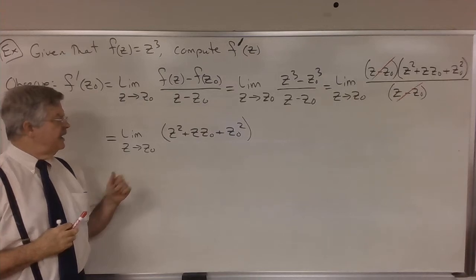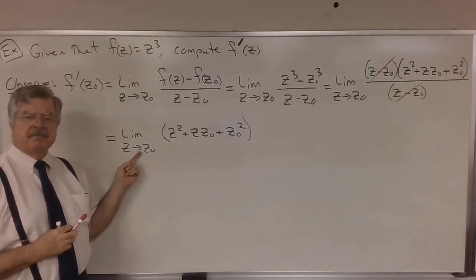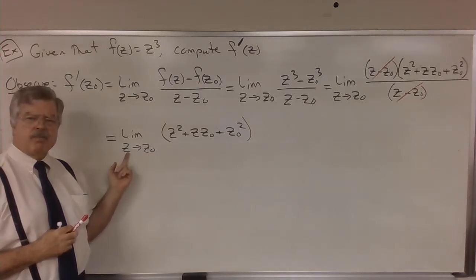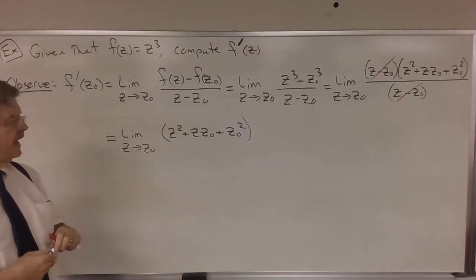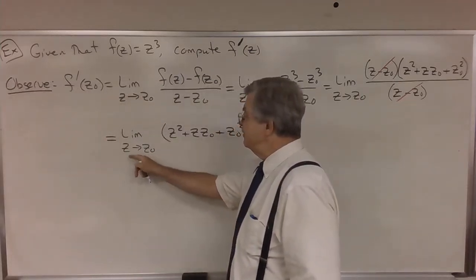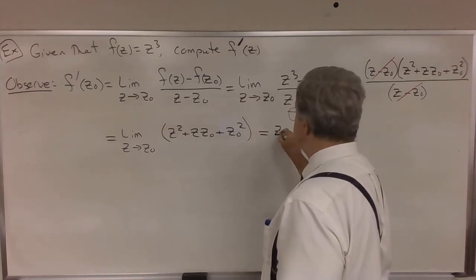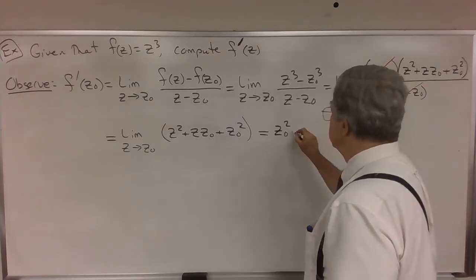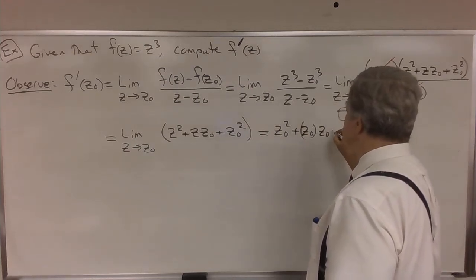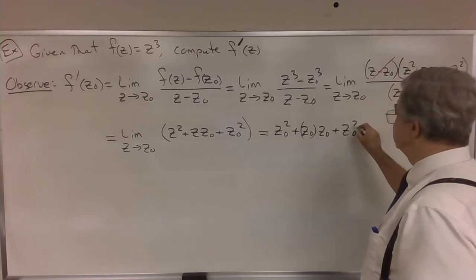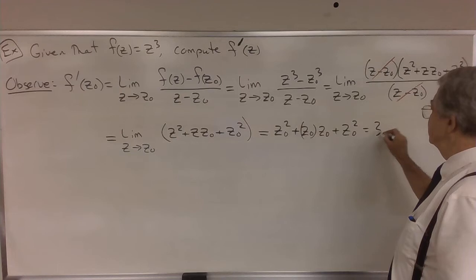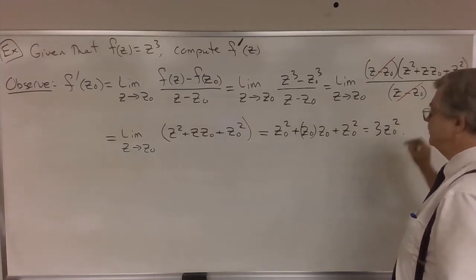And let me see, can I compute this limit by plugging in the number that z is approaching? I'd like to do that. I'd like to plug z naught in for z, and that would give me z naught squared plus z naught times z naught plus z naught squared, which equals 3z naught squared.